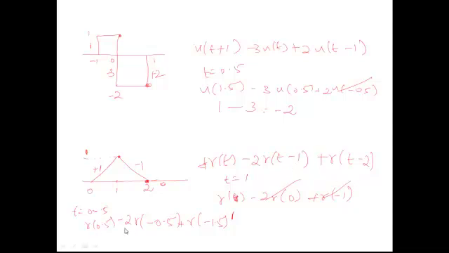You know the negative side ramp signal will not be there, so these terms get cancelled. Here you are left with only r of 0.5. Whatever is inside the parentheses, the same result you will get, because r of t equals t. So here t is 0.5, so r of 0.5 is also 0.5. At 0.5, your signal will take the amplitude of 0.5 only. Okay.